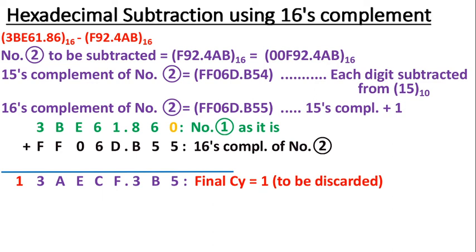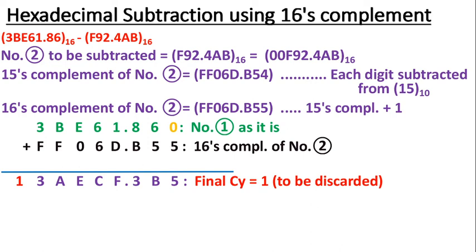This MSB digit is nothing but the final carry. The final carry is equal to 1, and the actual result is 3AECF.3B5.